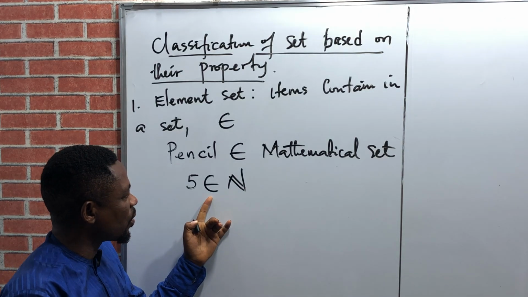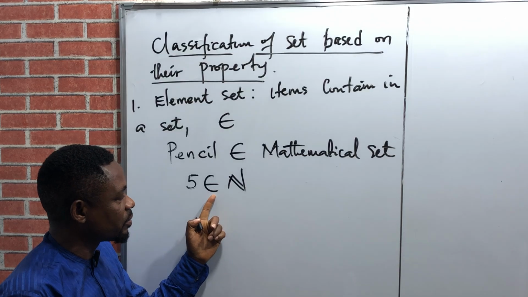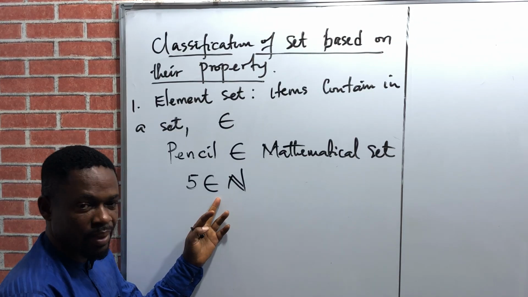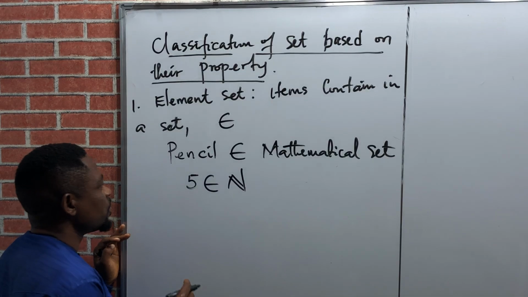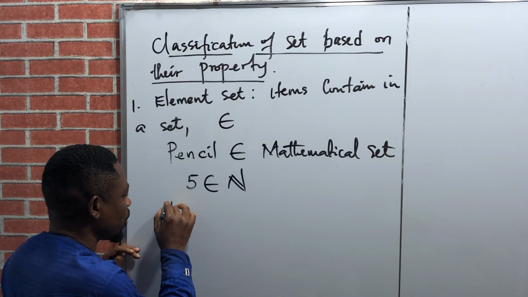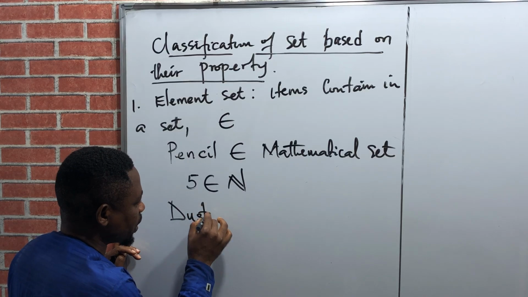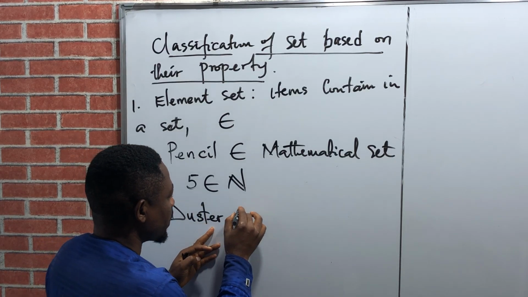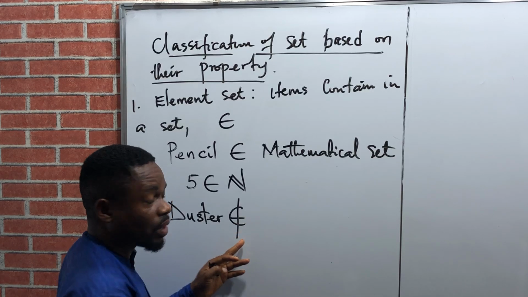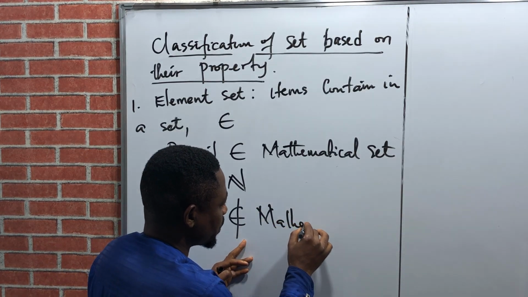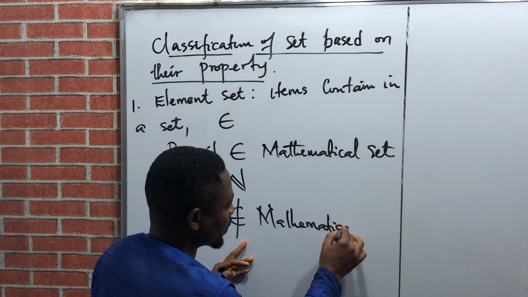So our concern is this particular symbol. It is called an element or member. But when you observe that mathematical set, you agree with me that duster is not inside the mathematical set. So in summary, we say duster is not a member of the mathematical set. What am I trying to emphasize here?